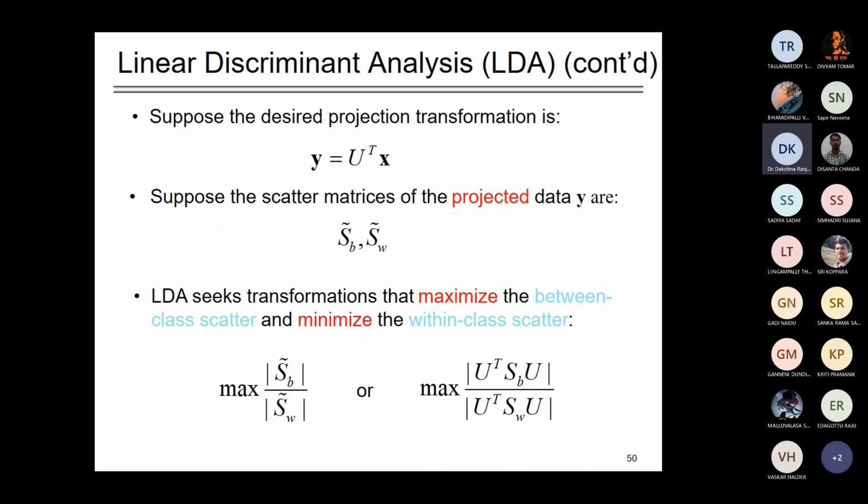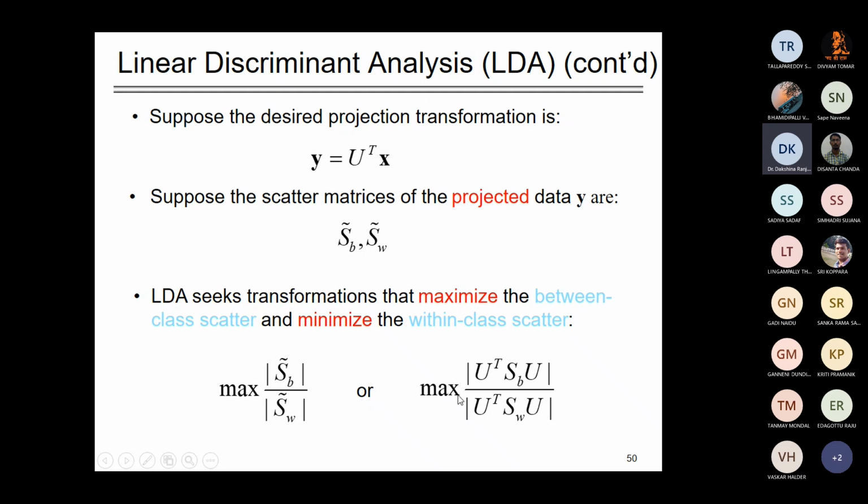And if we get instances obtained from two different classes, then in that case we will maximize the between class scatter matrix. That means here we are getting the ratio between the between class scatter matrix and the within class scatter matrix, which we have to maximize.